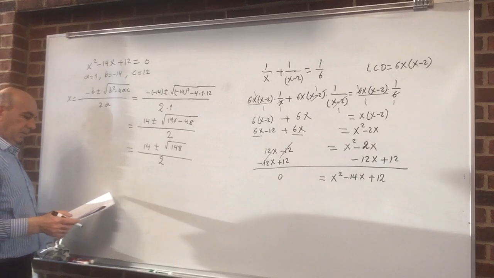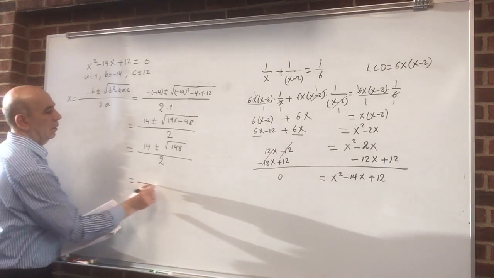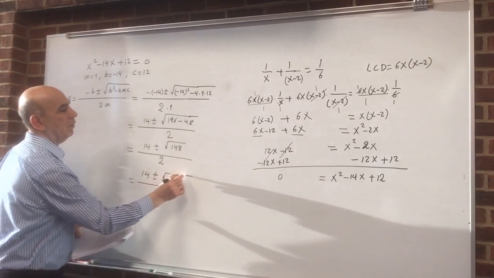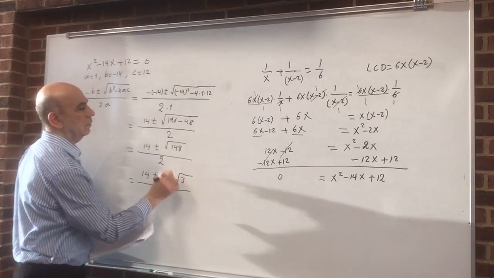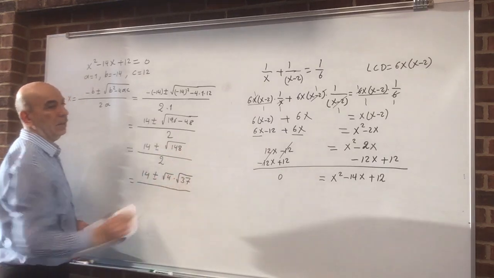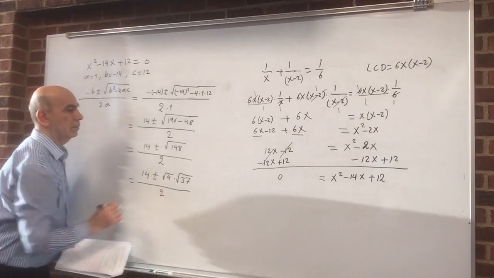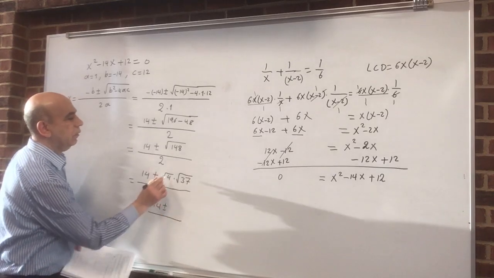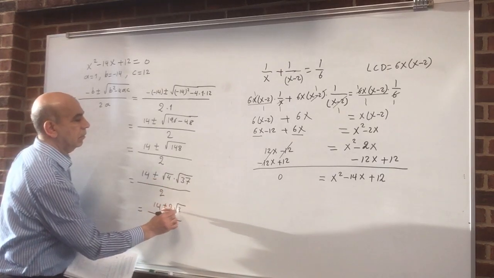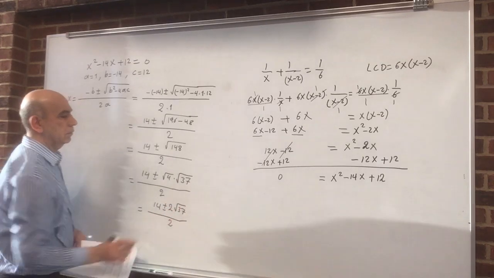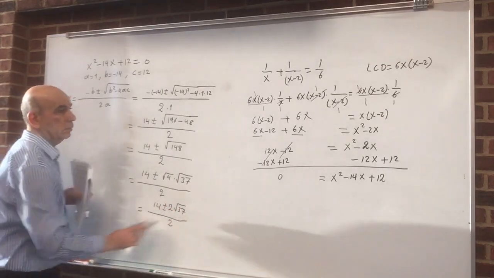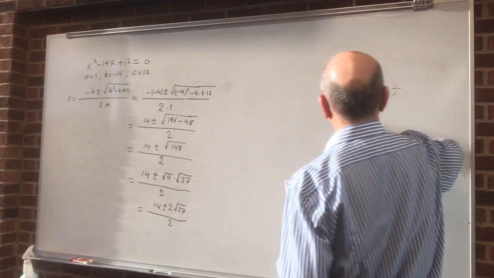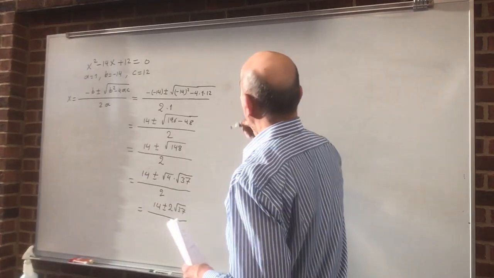Then 14 plus or minus the square root of 148. This radical we can write as the product of two radicals, 4 times 37. So 14 plus or minus, the square root of 4 is 2, root 37, over 2.